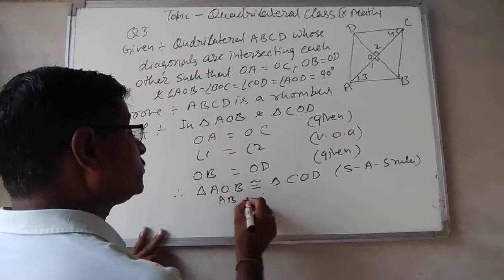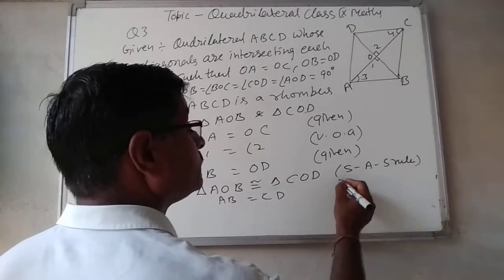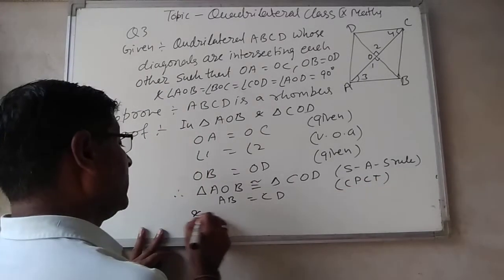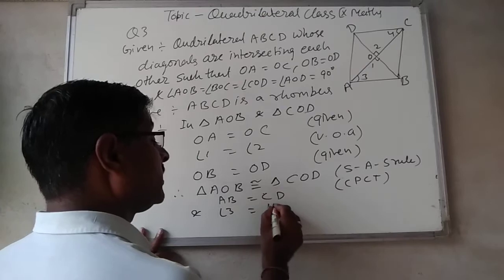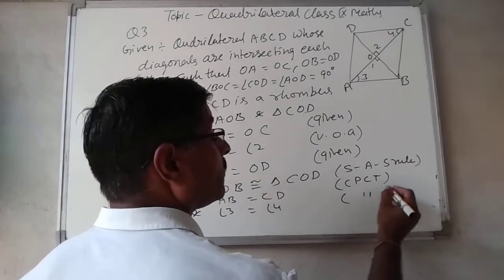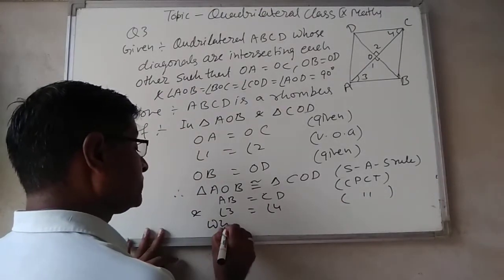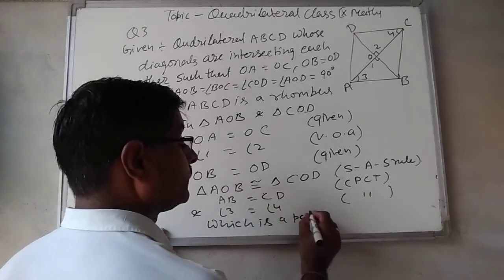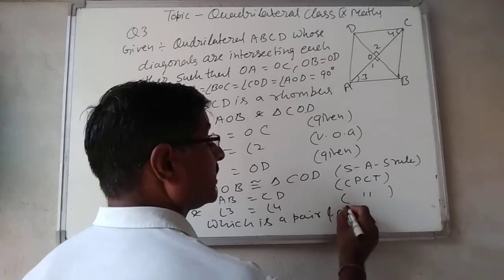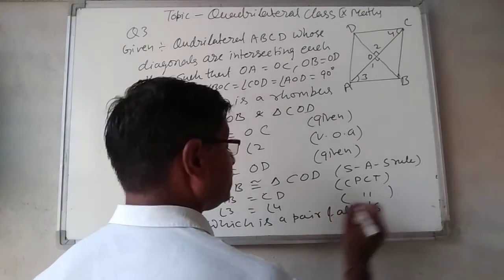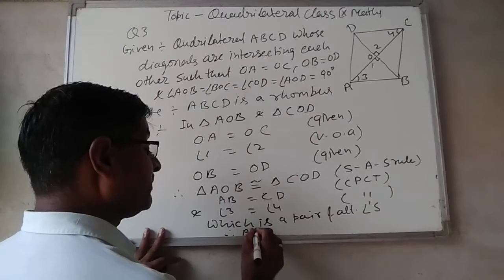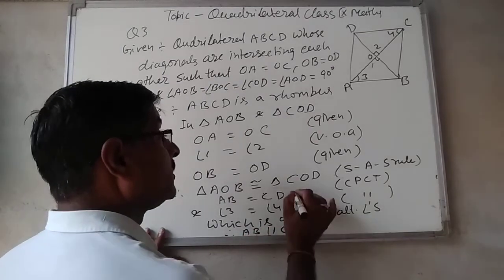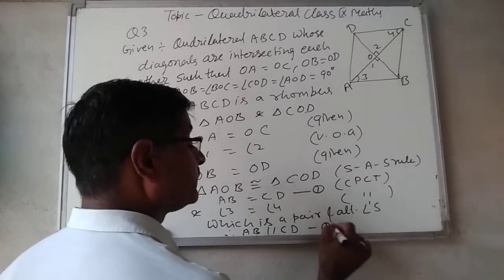AB is equal to CD by CPCT, and angle 3 is equal to angle 4 also by CPCT, which is a pair of alternate angles. Therefore AB is parallel to CD. This is first and this is second.